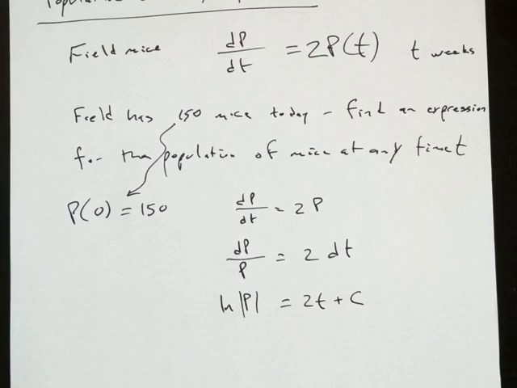Now, I could go right here, put in the time and the population, and solve for that c. But I prefer to write an explicit equation first. So I'm going to get rid of the logarithm on the left side by exponentiating.